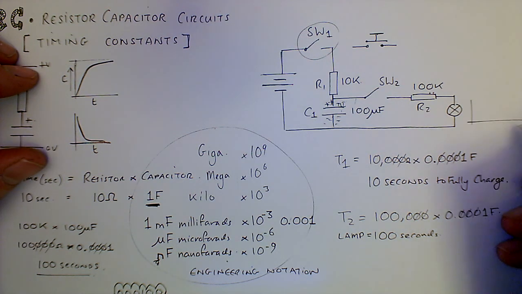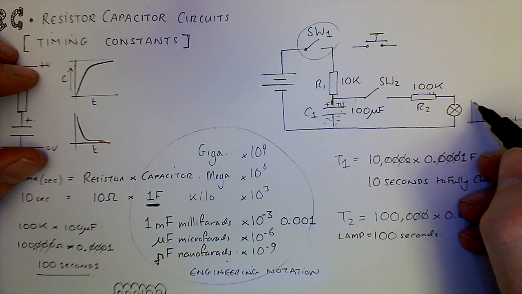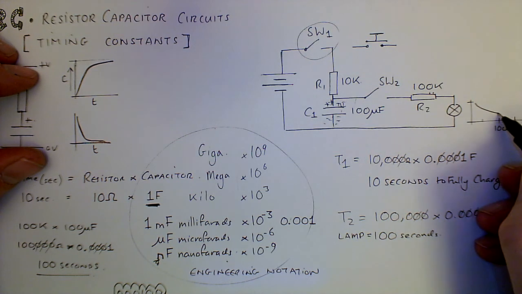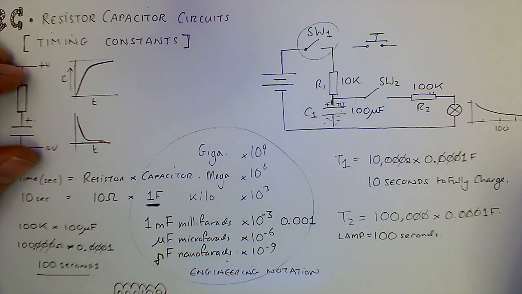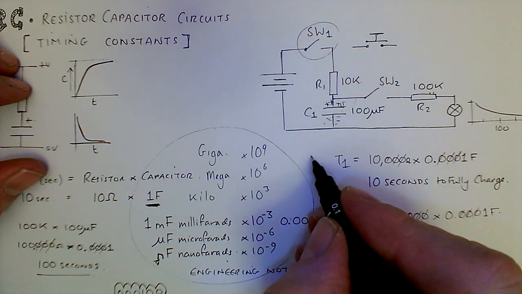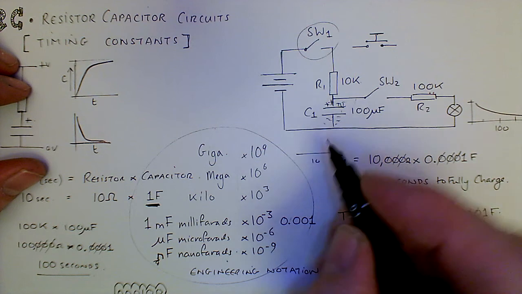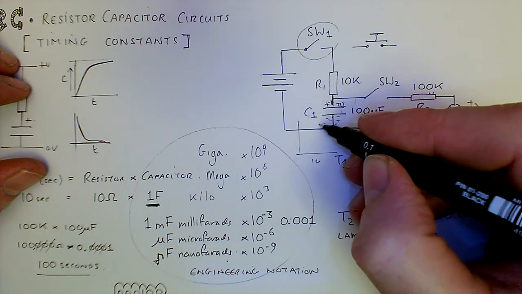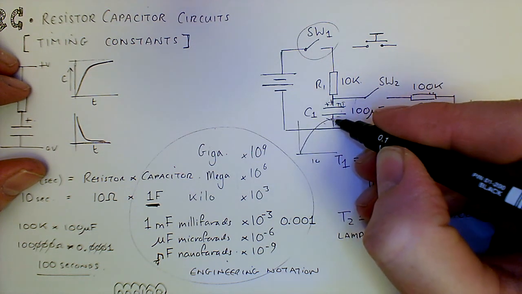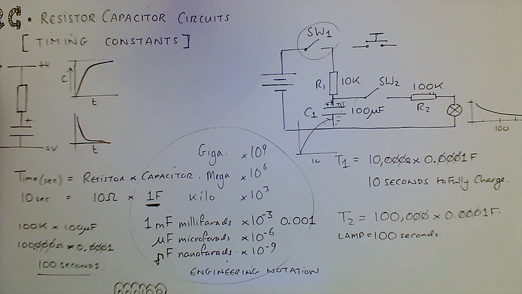You could draw a graph of that over 100 seconds. That would be 50. It would start off here, and then it would go like that, discharging. And here is the graph for the charging, which would be 10 seconds, and over that 10 seconds it would be like that, charging up.